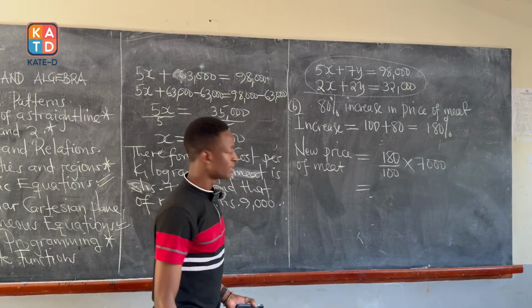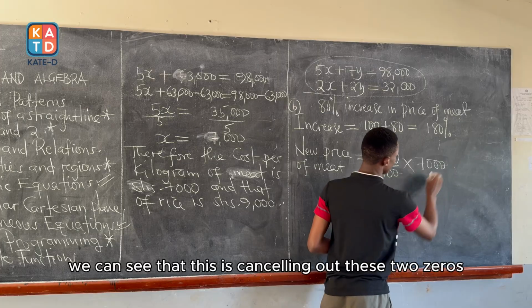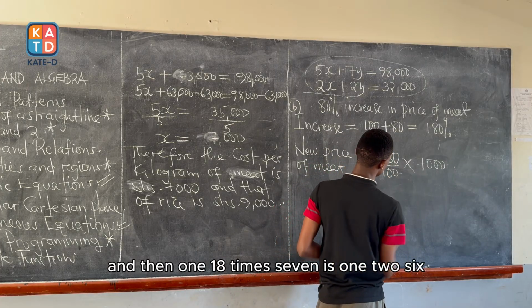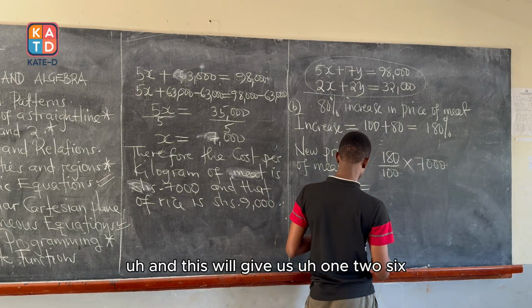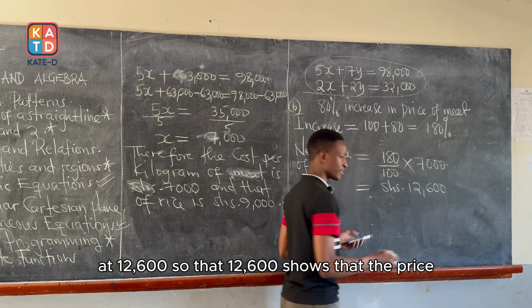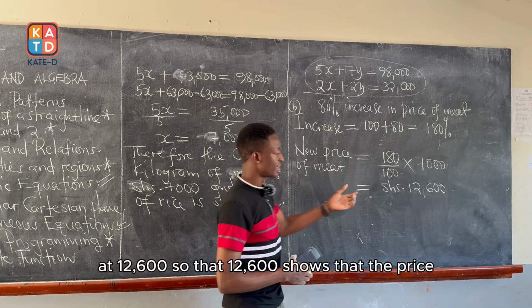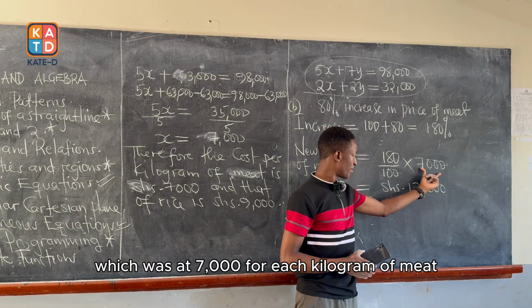From here, we can see that this is cancelling out these two zeros, and then 18 times 7 is 126, and this will give us 12,600. So that 12,600 shows that the price which was 7,000 for each kilogram of meat has now gone to 12,600.